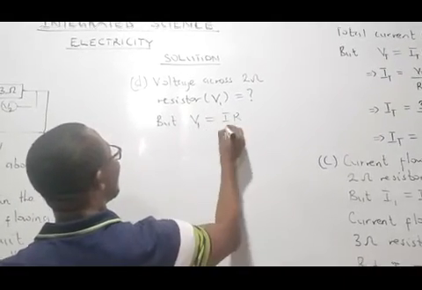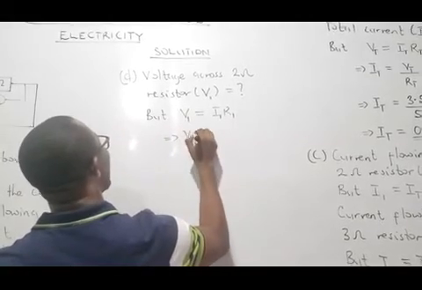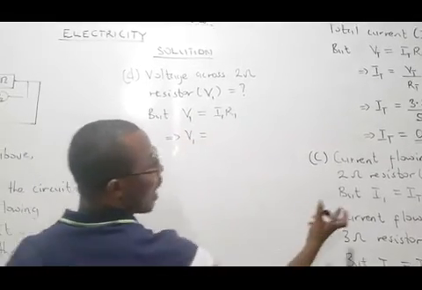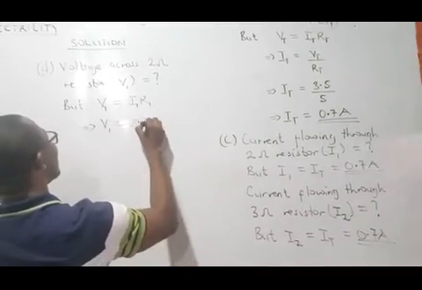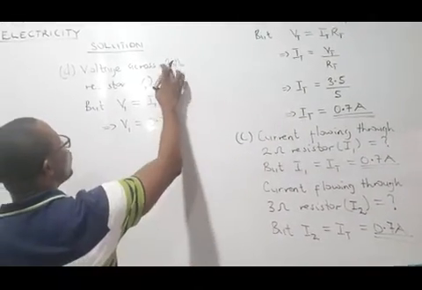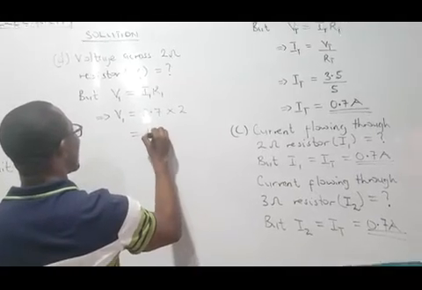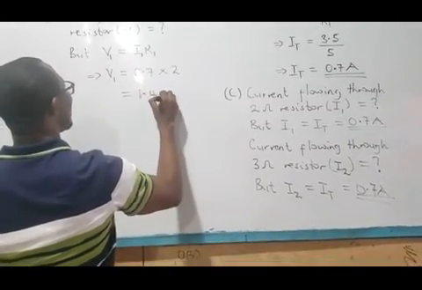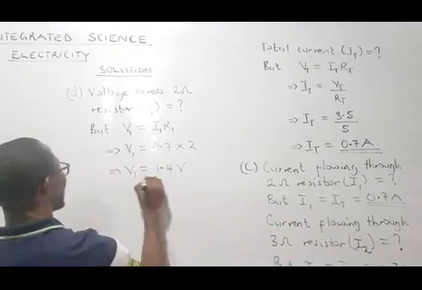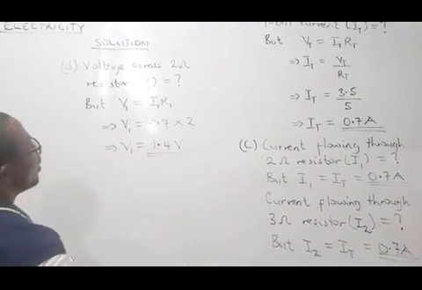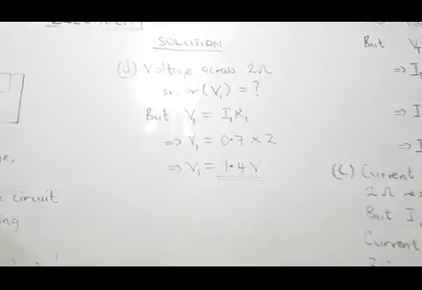So from here it means that V1 equals I1 times R1. So my V1 is equal to I1, the I1 we said is 0.7, and then the R1 is the 2 ohms. So times 2, and that will give you 1.4 volts. Okay. So that's the voltage across the 2 ohm resistor.